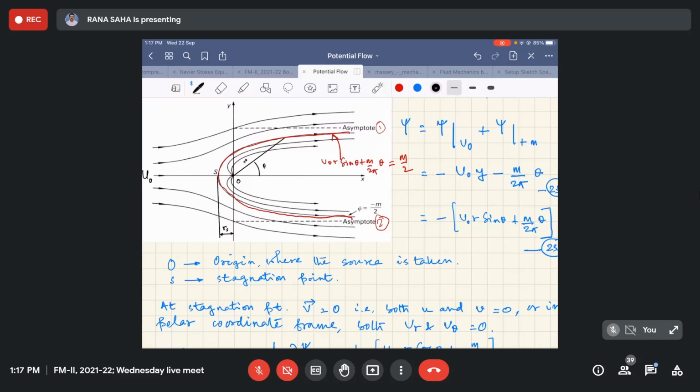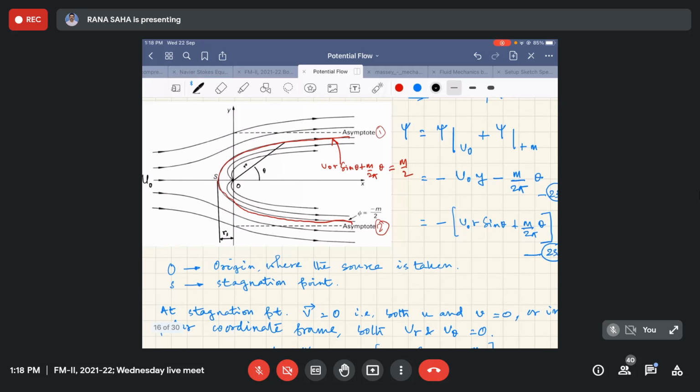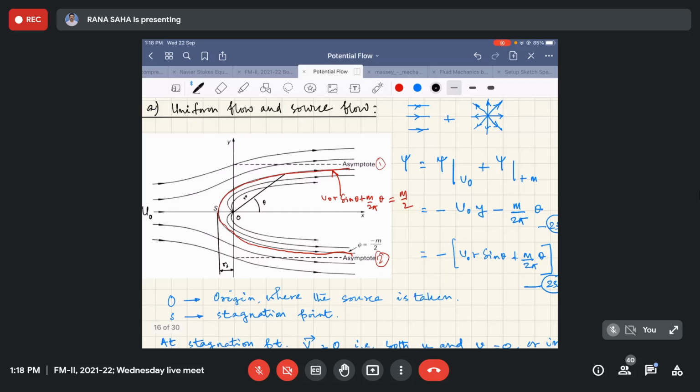So that gives us the demarcation, as I said, between two distinct flows. One is the uniform flow that is to the left of this particular streamline, and inside this streamline, all other lines are also streamlines. Inside this particular streamline we have the source flow prevailing. But of course, it is not exactly the source flow. The effect of uniform flow is still there inside the body.